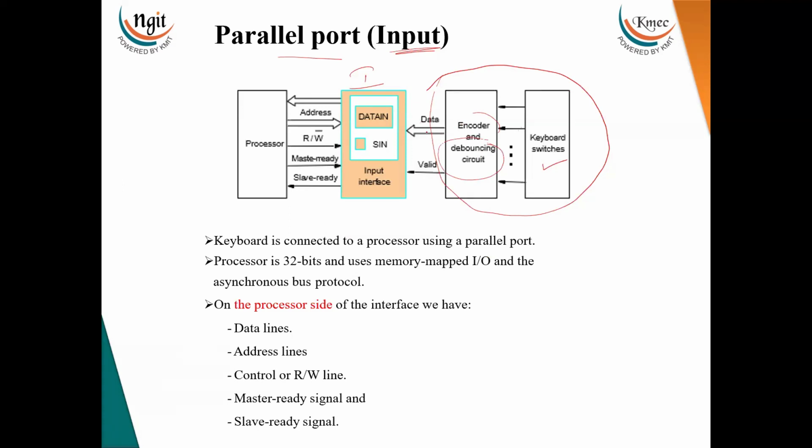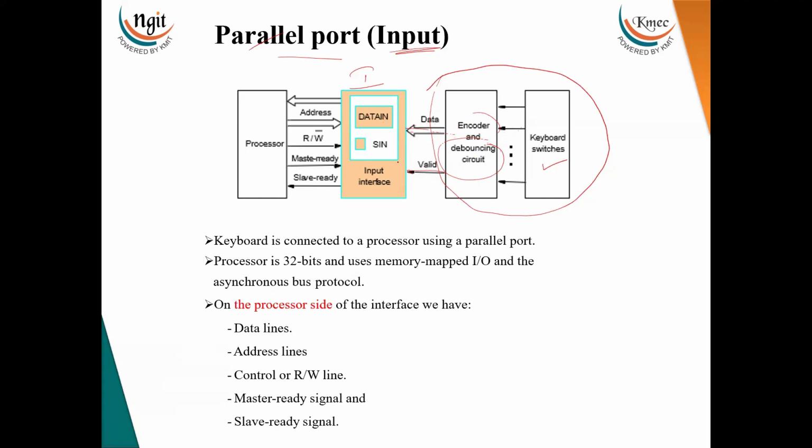Now, between the interface and the keyboard, there is a data bus. Here the data transfer takes place in parallel, that's why it is a parallel port. Also there is a valid signal. Whenever a key is pressed, it generates the valid signal along with the data.